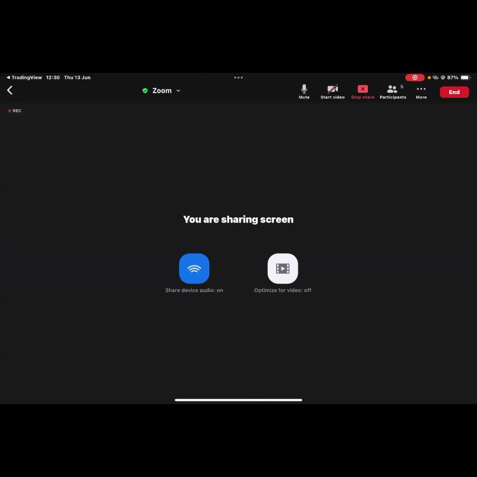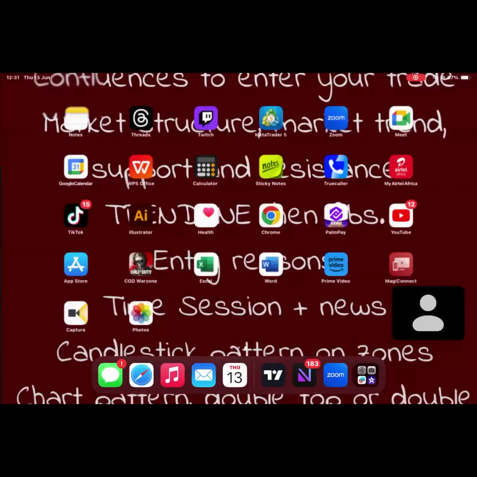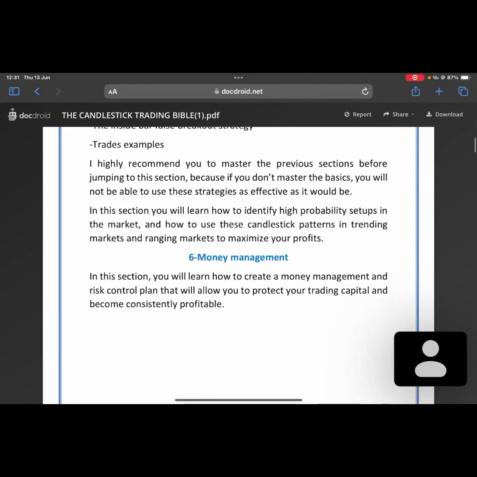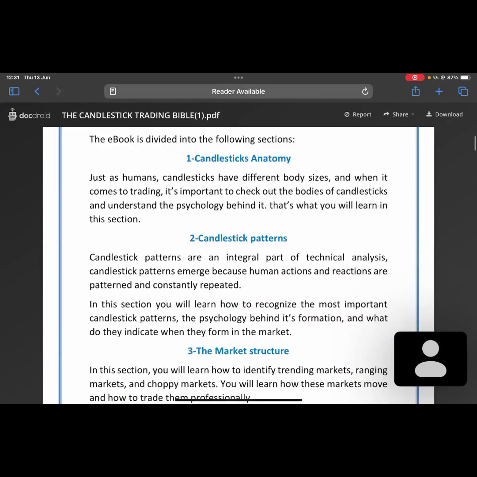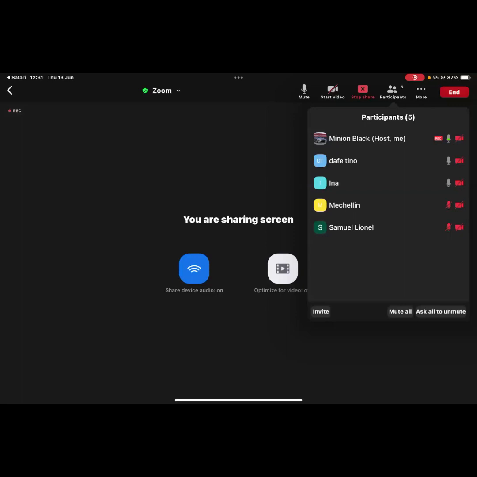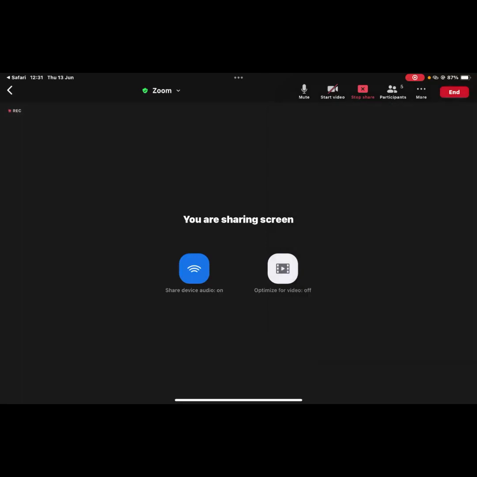Who read the book? Did anybody go through that book? Candlestick Bible, this book. This Candlestick Bible. Yes. I went through the Bible, but I didn't finish it.